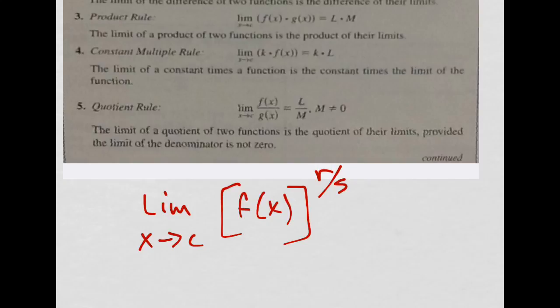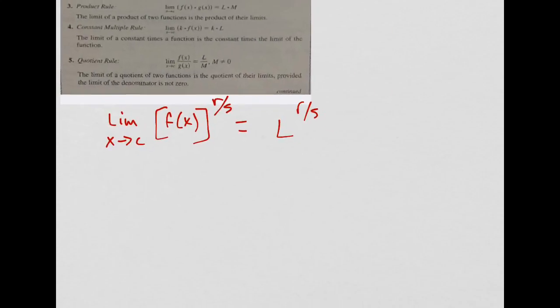If you have something like this, then the part in here is what you can take the limit of, and that would equal the limit, which is L, since we said the limit of f is L, and then you would still use the same exponent. So you can just go inside your function and take the limit. That's actually number 6, the power rule.